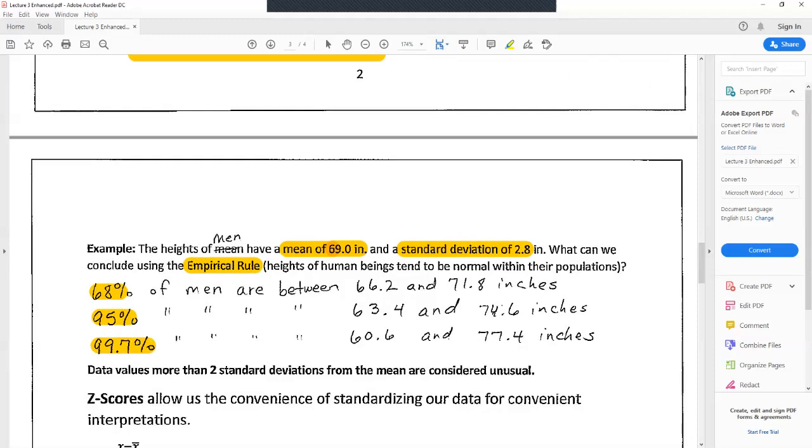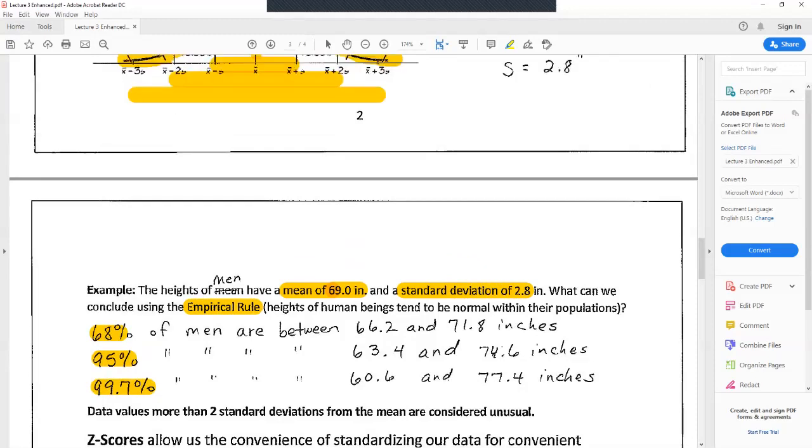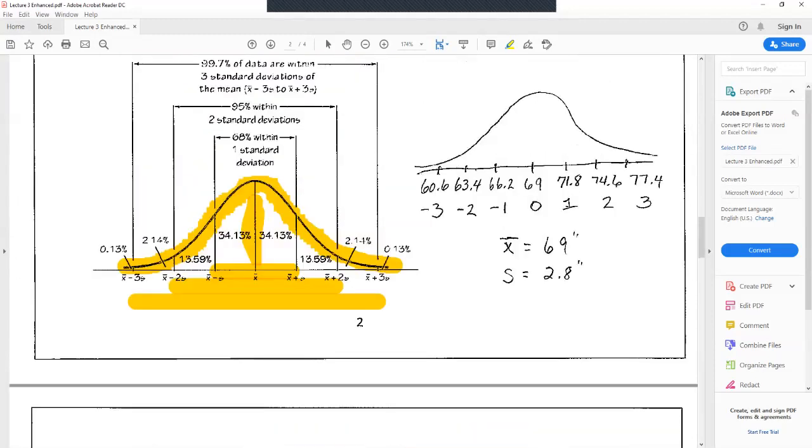Well, let's say this is the average, 69 inches. If I add 2.8 inches, then I end up at 71.8, right? If I subtract 2.8 inches, then I end up at 66.2. Okay, so this is going to be one standard deviation away from the average, right?